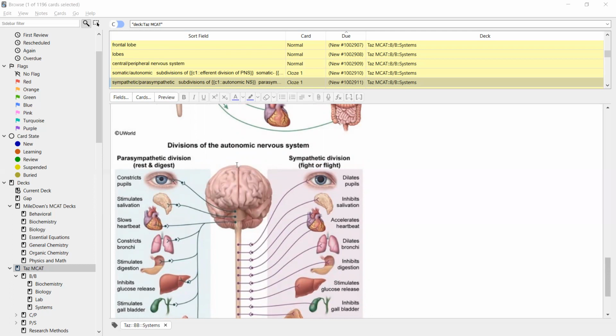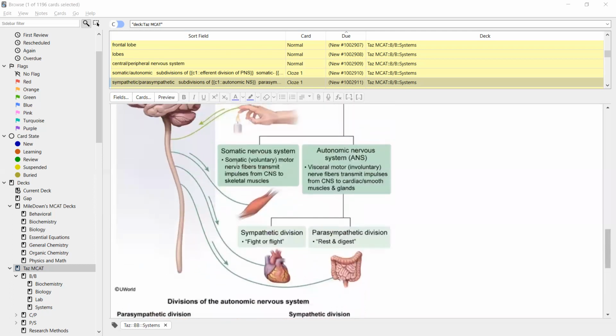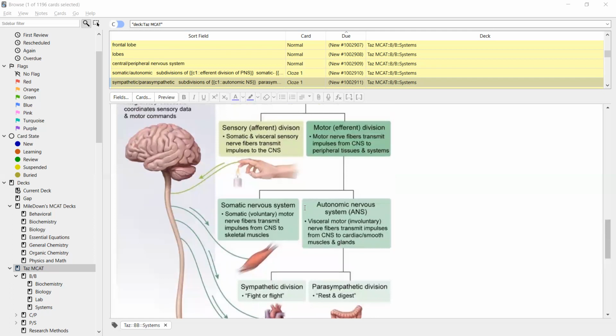All of the organs should now do this, and they will signal all of the organs to do certain things, and then you have a unified response to the situation. So that's basically the division of the autonomic nervous system. The sympathetic division encourages the whole body to fight or flight, and the parasympathetic division encourages the body to rest and digest.